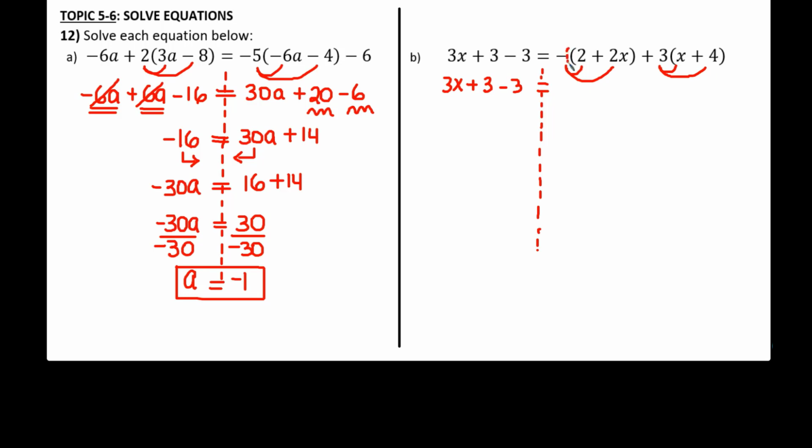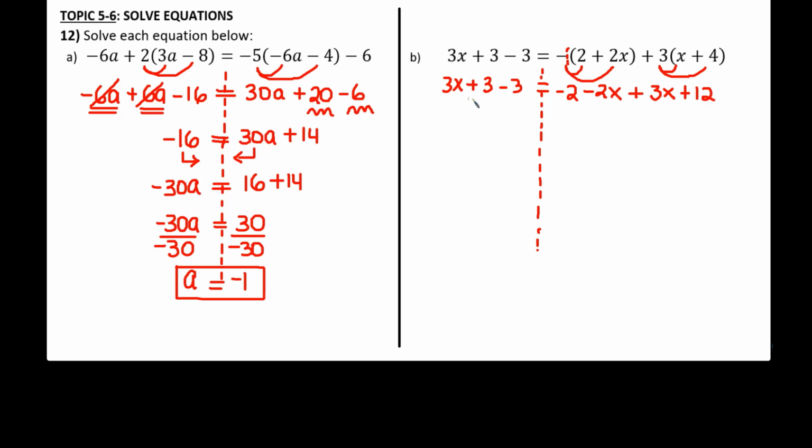Please remember there's an invisible 1, so negative 1 times 2 is negative 2. Negative 1 times positive 2x is negative 2x. And then 3 times x is 3x. And 3 times 4 is positive 12.